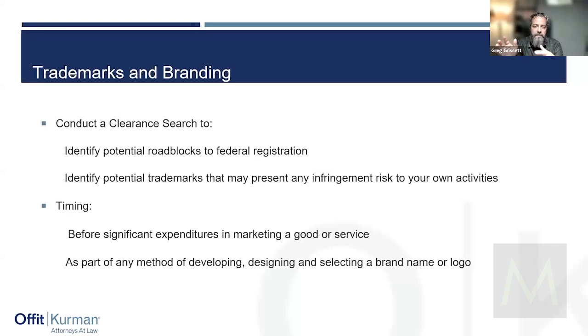There are different types of clearance searches, but if you were to do a comprehensive search that looks through the USPTO database and other commercial databases that the trademark office looks through, you're in the $1,500 to $2,000 range, and then you can file your applications at a later time.